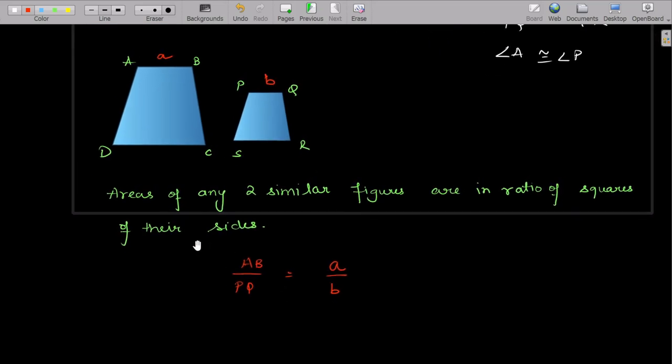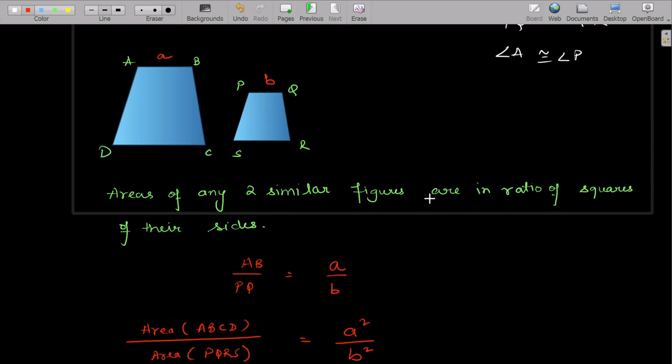So this theorem says that their areas will be, if I find the area of trapezoid ABCD over the area of trapezoid PQRS, the ratio of their areas will be A squared over B squared.